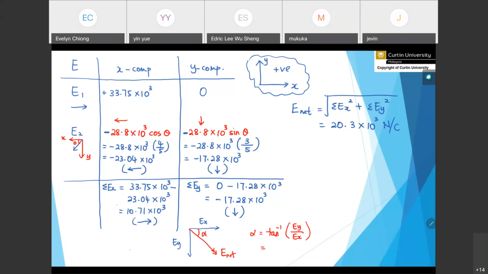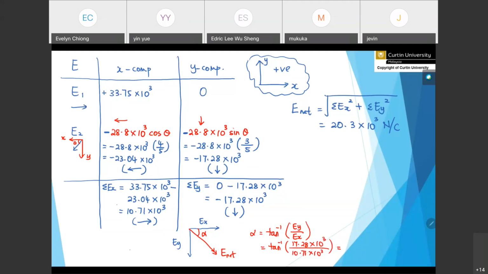I'm going to quickly calculate this. EY is 17.28. EX is 10.71.